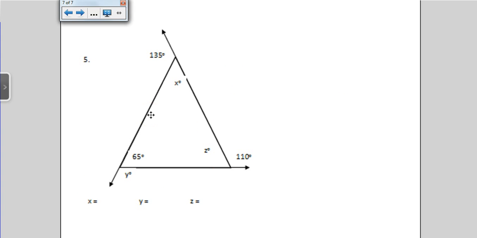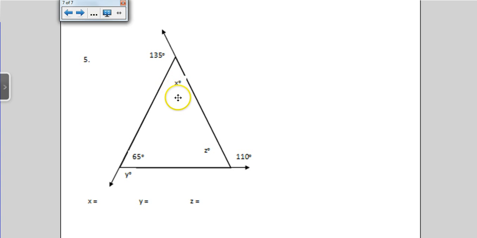Okay, and this last example is going to show you what I mean by the exterior angles theorem, but we'll talk about that in a second. They want you to figure out all the missing variables, x, y, and z. There's a couple ways we can do this. First, when I look at x, I notice that 135 and x are next to each other, and they form a line, so they're going to have to be supplementary.